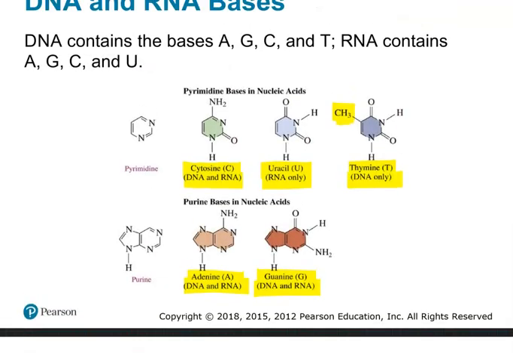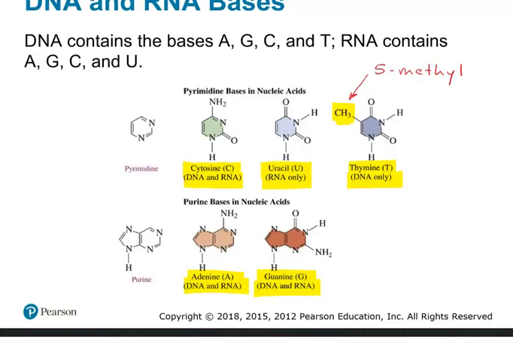So let me go back here. You need to number members of the ring, right? The carbons in the molecule. You need to number it to show where substituents are. For instance, as we mentioned, this is the 5, sorry, just 5, not prime, 5 methyl group, 5 methyl uracil.